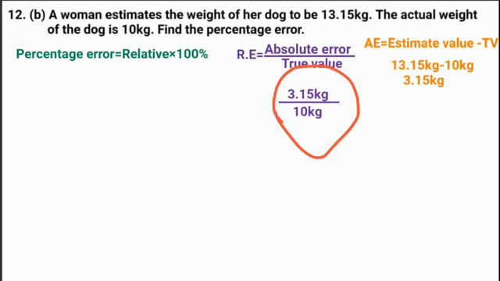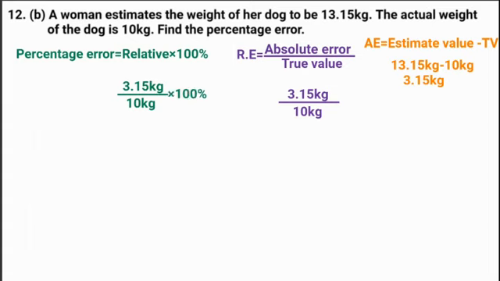Now we're going to use this relative error to find the percentage error. So I'm going to replace relative error by the expression I just circled. I'm going to write 3.15 kg over 10 kg multiplied by 100%.